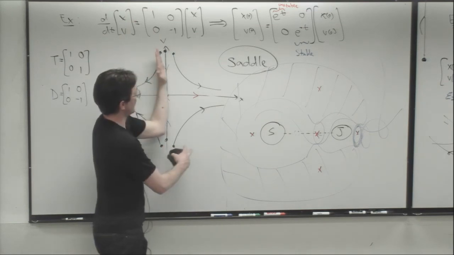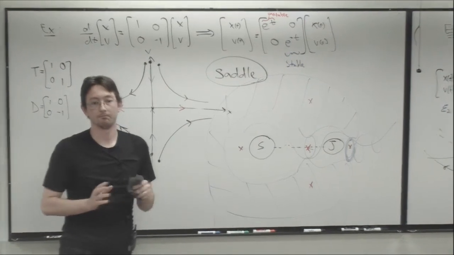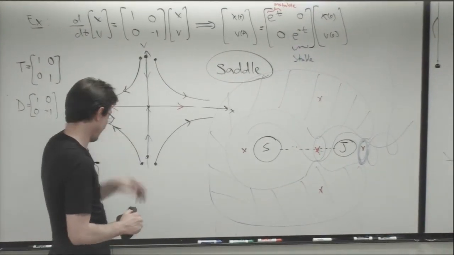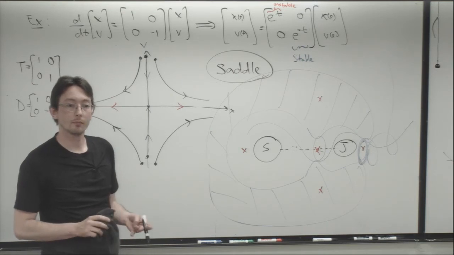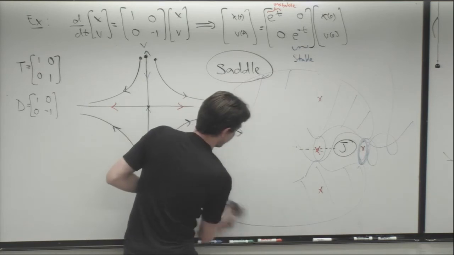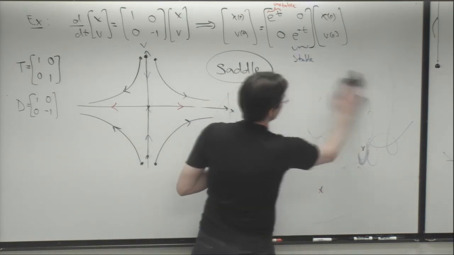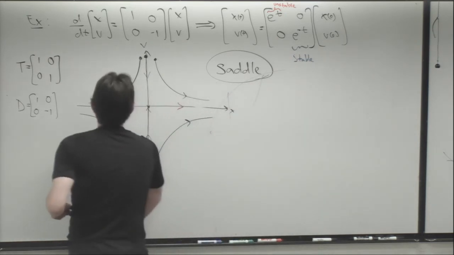So if I wanted my saddle to be rotated 45 degrees, how would I do that? Right, so I would essentially assume that I had some eigenvectors like the ones that I wrote down in the previous system that were at 45-degree angles.